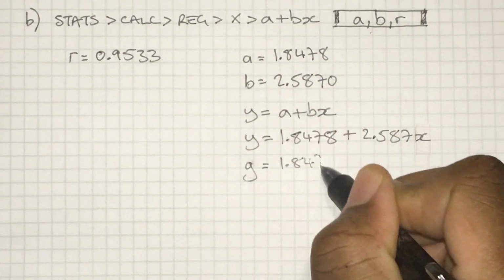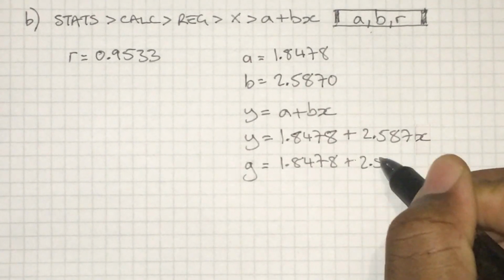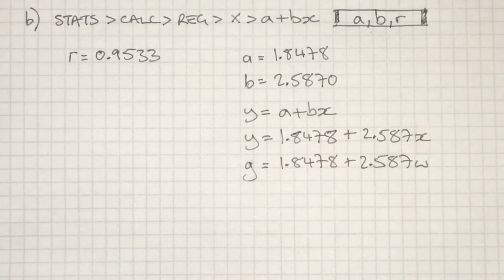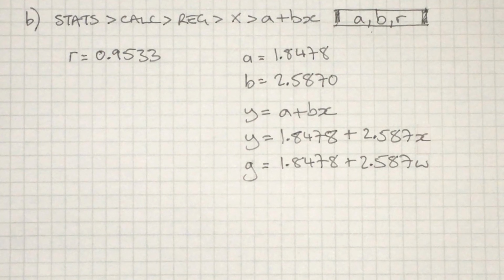Let's just rewrite that in terms of G and W, and here we have our equation for the line of best fit, which we regularly refer to as the regression line, the linear regression line. The exam questions will refer to this as the linear regression line as well. So the examiners expect that you're familiar with that terminology and you know what we're referring to when we talk about the regression line.